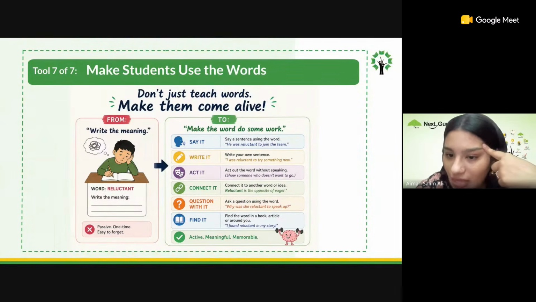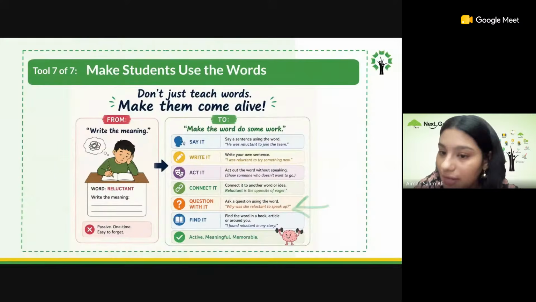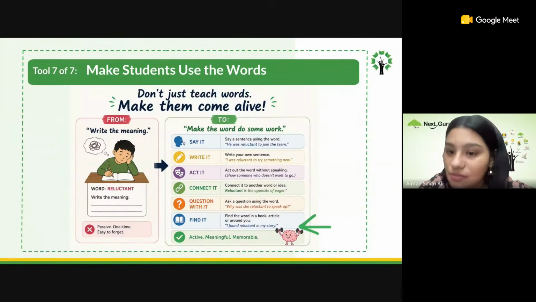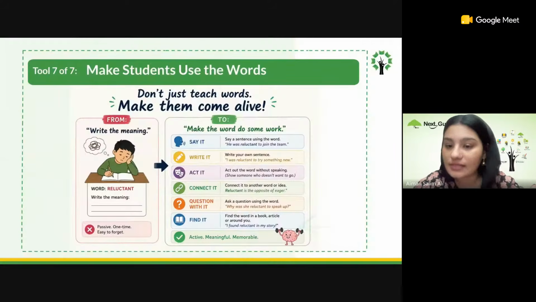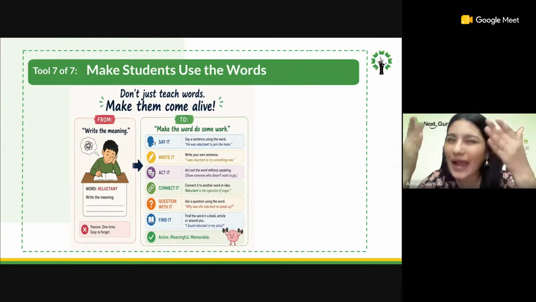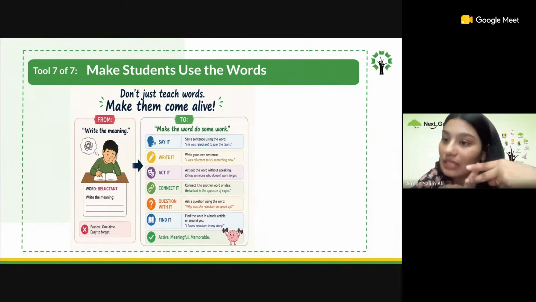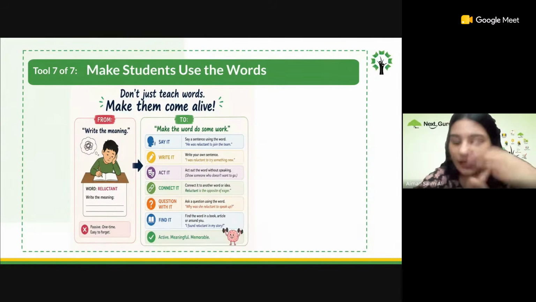You connect it to another word or idea. Question with it: you ask a question with that word. And find it: find the word in a book, article, or around you. And how is this helpful? And why am I suggesting this to you? Because this strategy is very active, it's meaningful, and it's memorable.